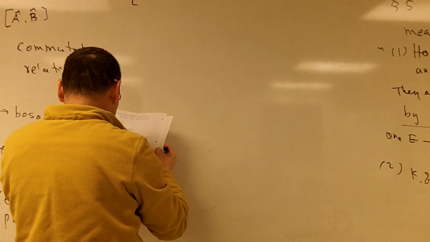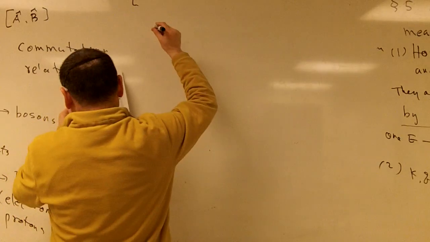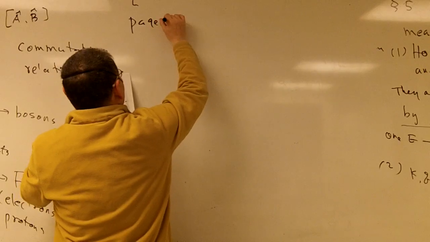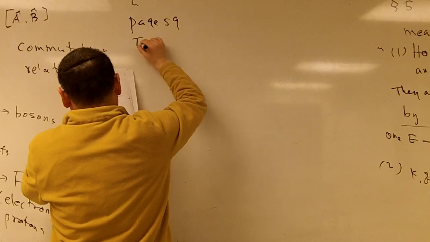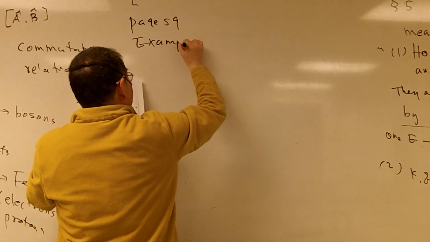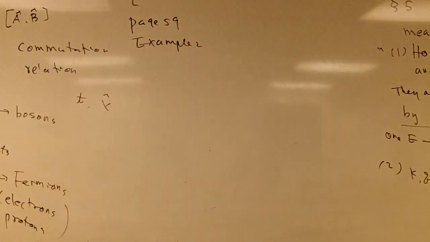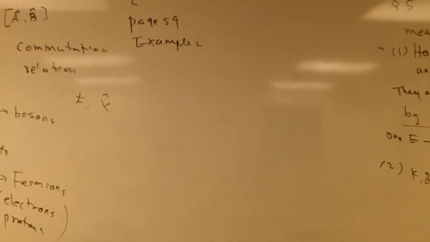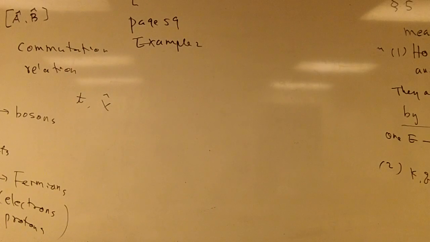Let's say we have an example. Folks, let's look at page 59, example 2. I'm not sure what page that is. Let me try to find that. Page 59, everybody go to 59.